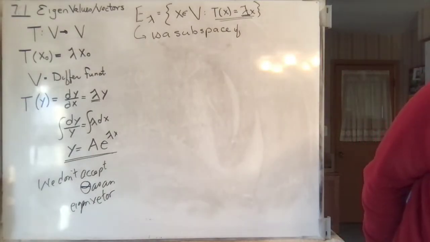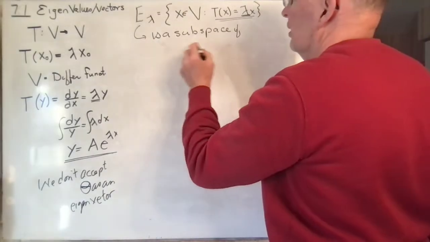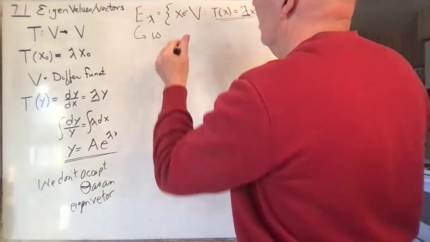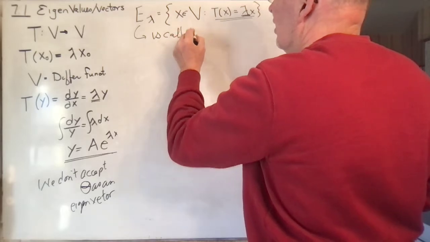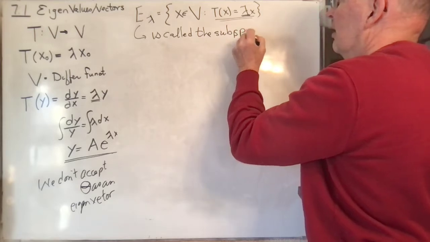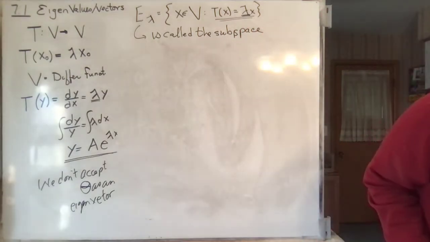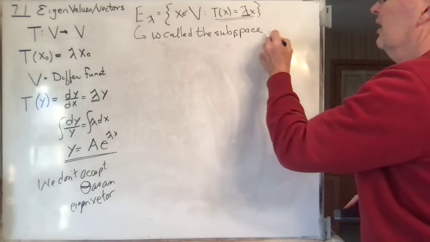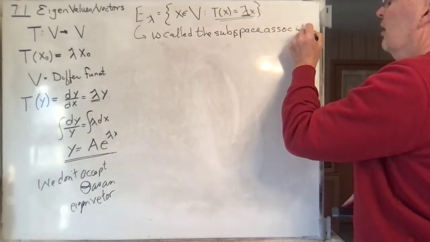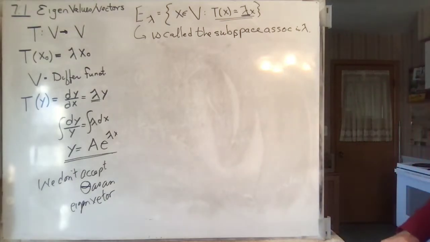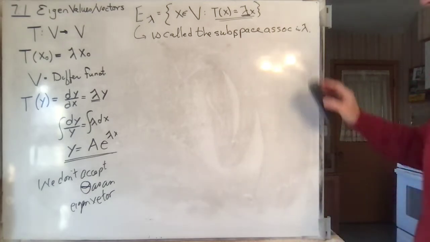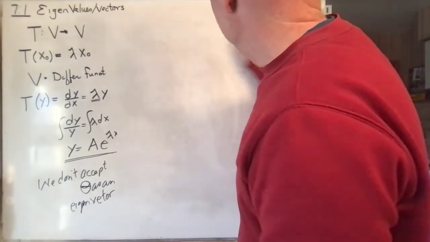That is called the subspace associated with lambda. Okay, so it's the associated subspace. Given any eigenvalue, you get yourself a whole subspace. Okay? Very good.